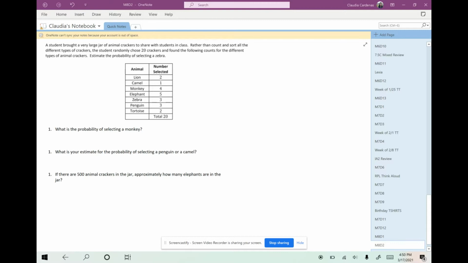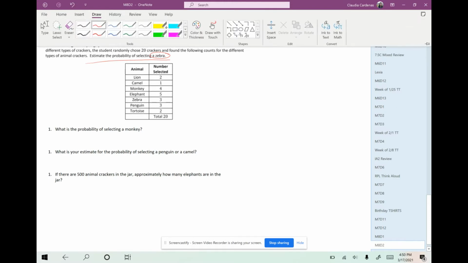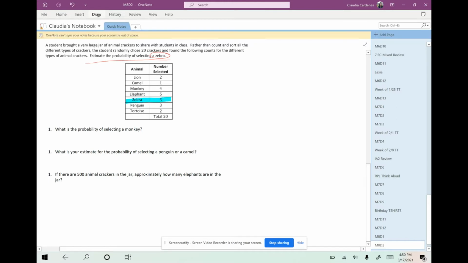Just looking at the problem, we do also have three other questions below it that we need to determine the probabilities of. If we're talking about first selecting a zebra, I'm going to first look in my table to see how many zebras were actually found. So if I highlight, if we care about the zebra, we want to know how many zebras were found compared to the total number of animal crackers.